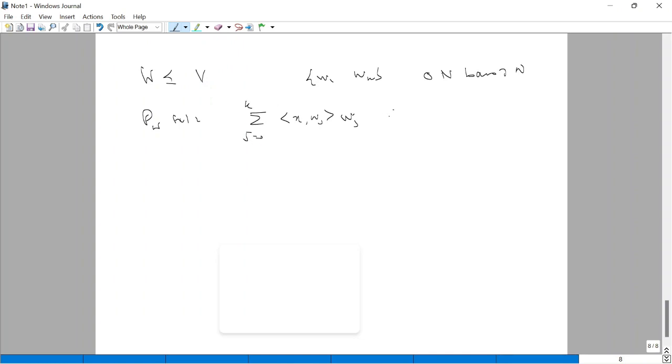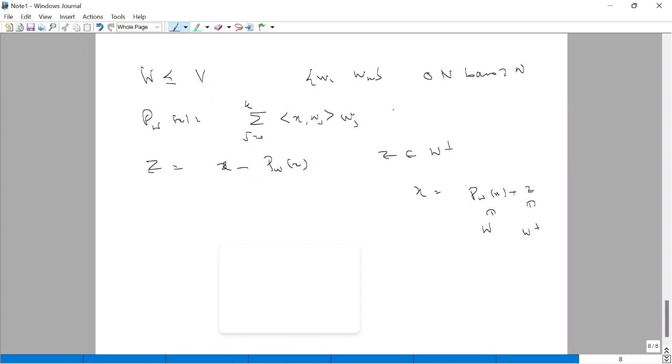This is what we call the orthogonal projection of x into W. Then if you look at z, which is x minus P_W of x, then z is in W perp. Now notice that this shows that I can write x as P_W of x plus z. This is in W. Where does this fellow belong? W perp. Just now we proved.